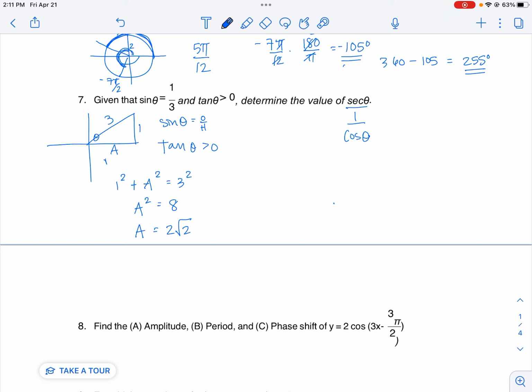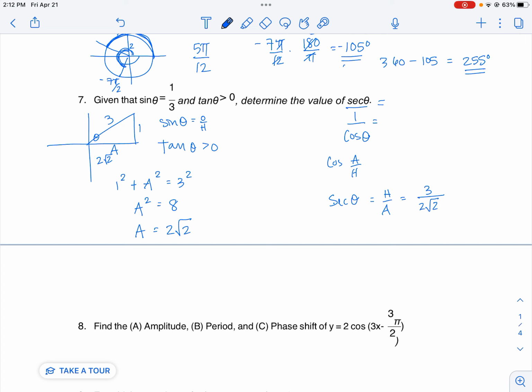Now that I know that the side adjacent is 2 square roots of 2, I can say, okay, the secant is going to be, I can either do 1 over cosine, or if cosine theta is adjacent over hypotenuse, then secant theta is the hypotenuse over the adjacent. So I am going to take the hypotenuse, which is 3, and put it over 2 square roots of 2.